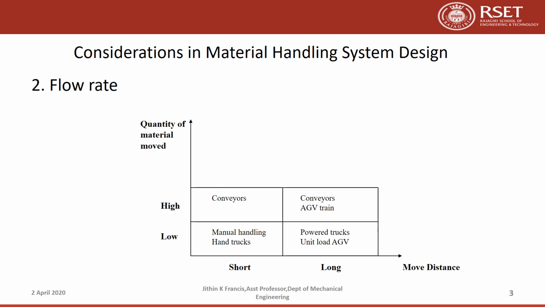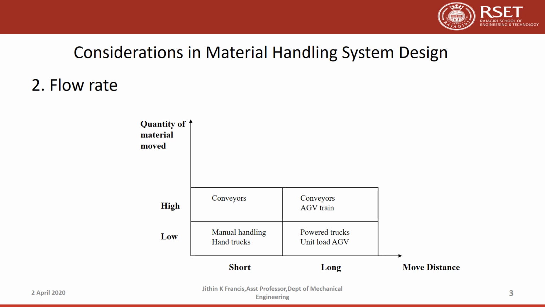Next consideration in material handling system design is the flow rate. Suppose we have to move over a short distance and we have low quantity to be moved, we can depend on manual handling using some kind of hand trucks. And suppose we have to move a long distance with low quantity, you can either use a powered truck or unit load automated guided vehicle.